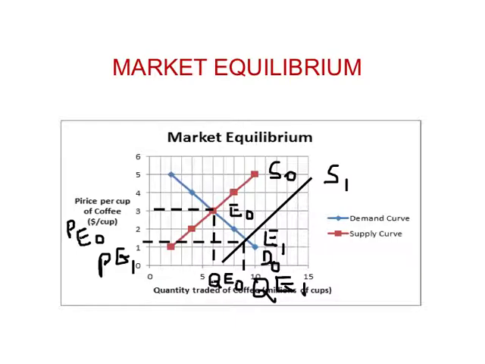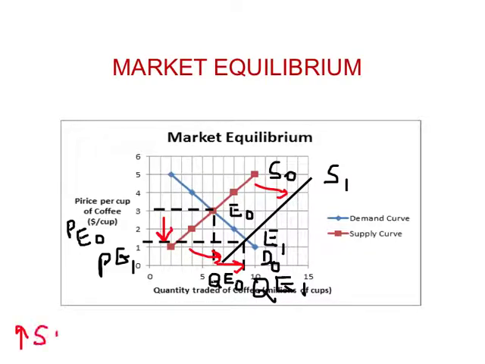So what we observe here is the following. When the supply increases, or the supply curve shifts to the right, there is a decrease in equilibrium price and an increase in quantity traded. So let's write this down.